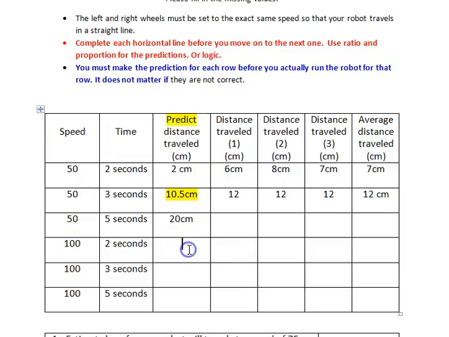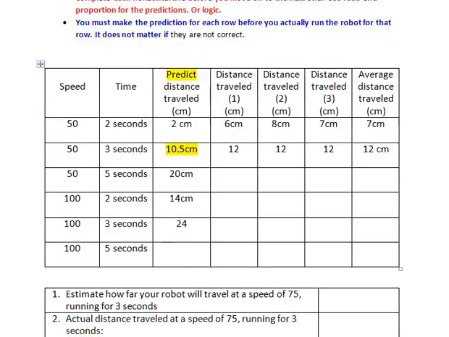So this prediction has to be 2 times that average distance traveled, and so do the next ones. It's just logic, okay? So make sure that you make the predictions and make sure that you run each row and use this number to predict the next one before you finish.